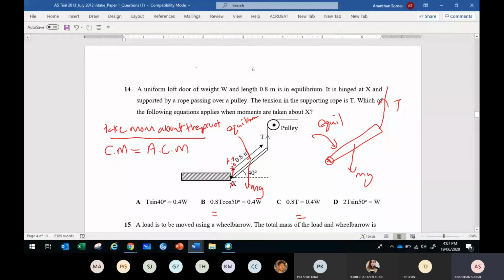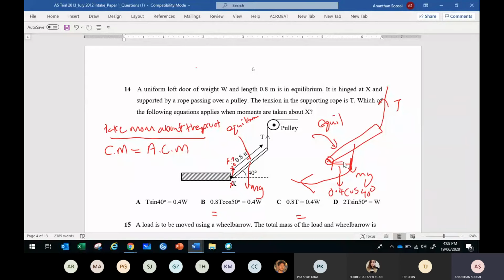So the moment caused by mg is a clockwise moment. What is the moment caused by mg? Mg times the perpendicular distance, right? How much is the perpendicular distance? Half of 0.8, so 0.4 cos 40.